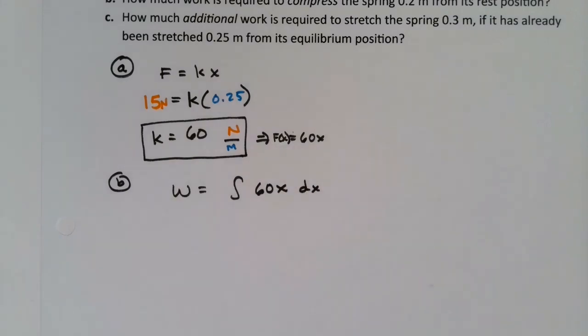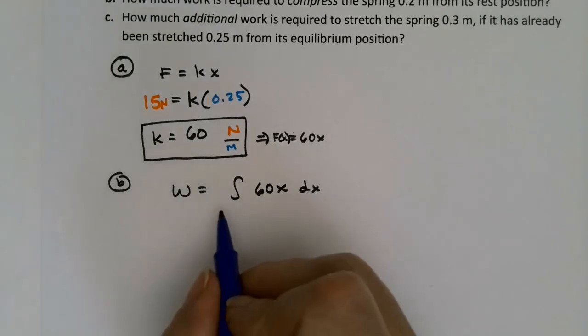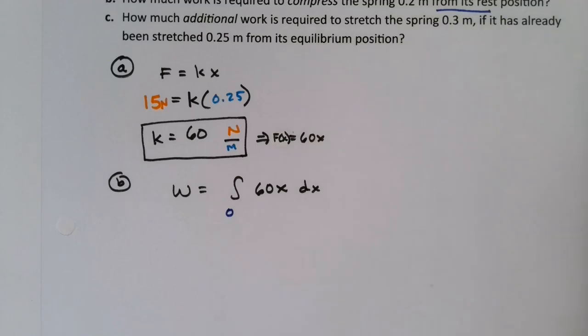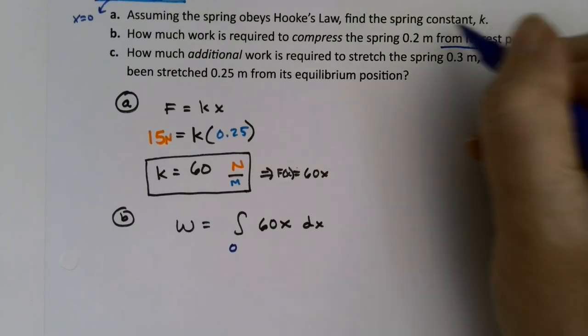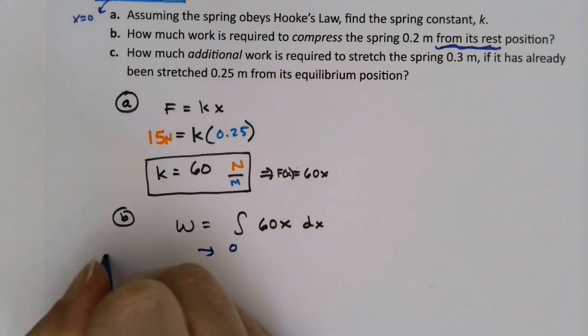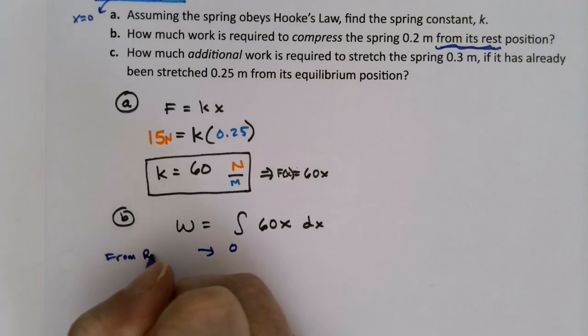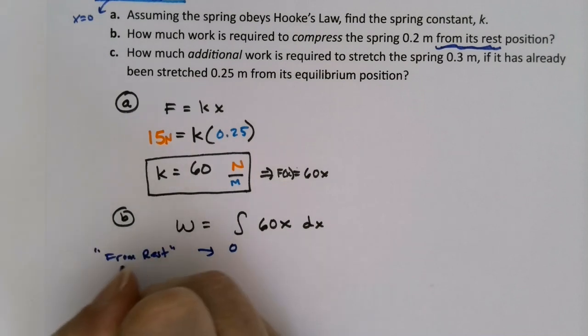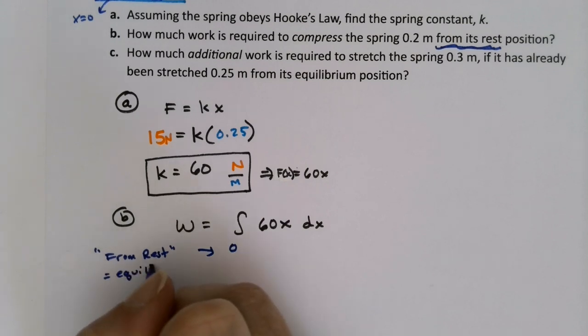So we have an equilibrium start. So your equilibrium is right here, right? Because it says from rest right here. So if it's from rest, that means that we're from equilibrium, right? Which is equilibrium. So that means 0, right?